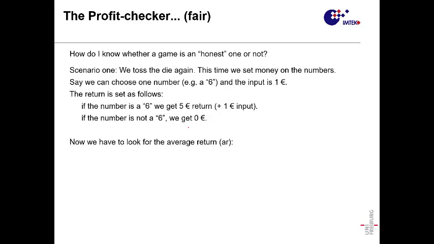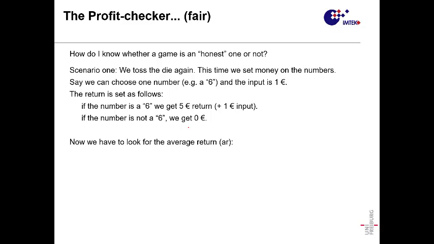So let's say that this guy, your friend, or the person in the street, sets this game for you. They say, we're going to toss a die, okay? And then, depending on the number that you get on the die, you're going to get money or not.